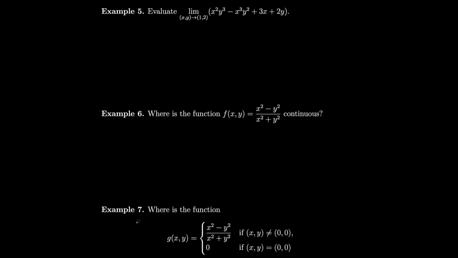Alright, let's take advantage of a couple of the things we just talked about to evaluate some limits now. Notice this thing is a polynomial. So write that f is a polynomial. And we just said that all polynomials are continuous, so this means that f is continuous. Since it's continuous, the limit must exist and equal the value of the function. So that means that I can find this limit just by plugging in, so that's wonderful.